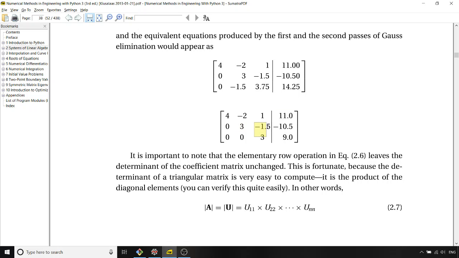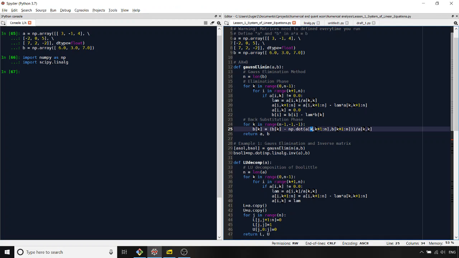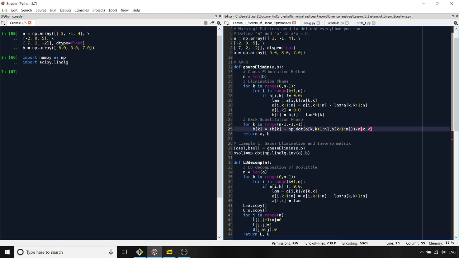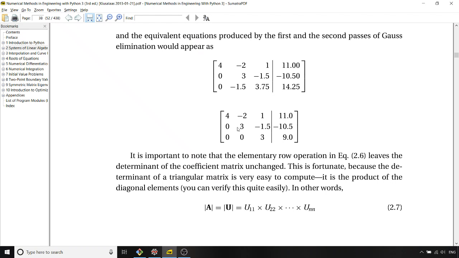So this will be multiplied by the value of b here, which will be 3, and it will be subtracted. Then we will divide by the value 3. So basically it's just replacing value 3 here and multiplying by this guy, and we are subtracting this from here. Then we are dividing the result by 3, which is here. Then we get what we want.